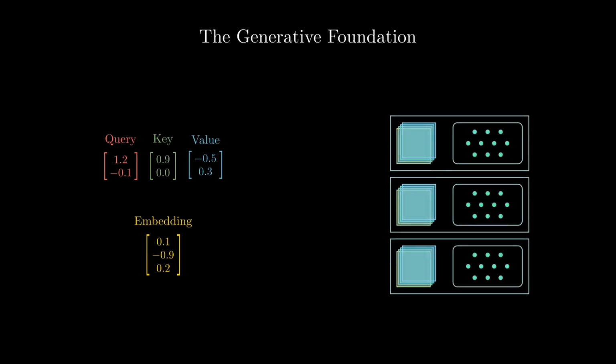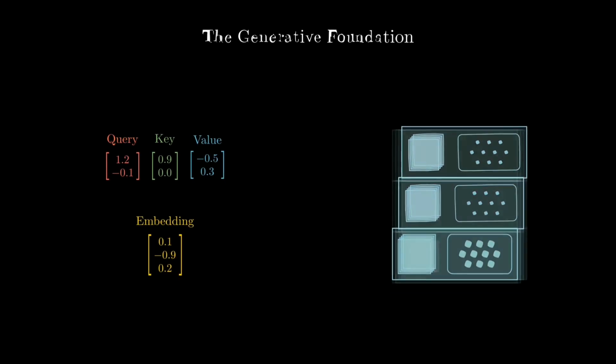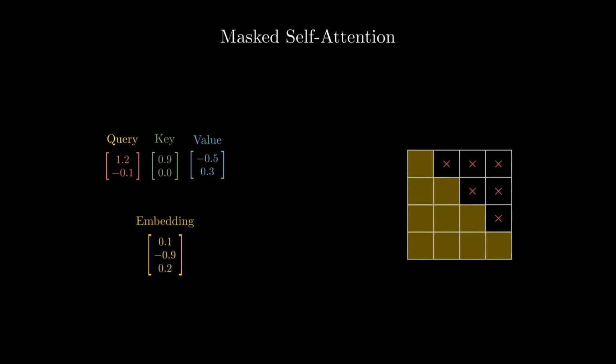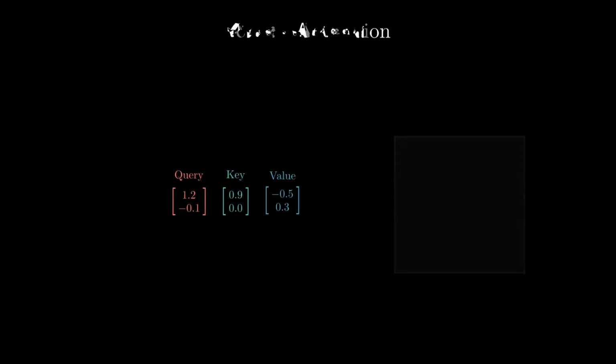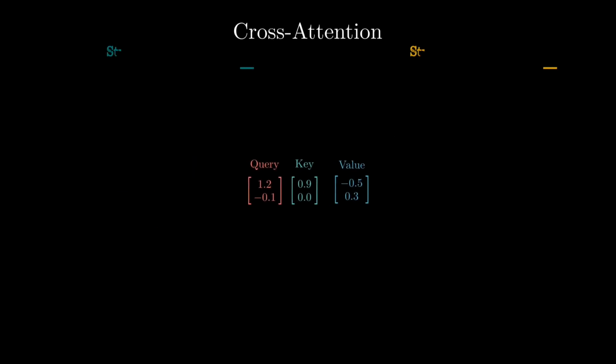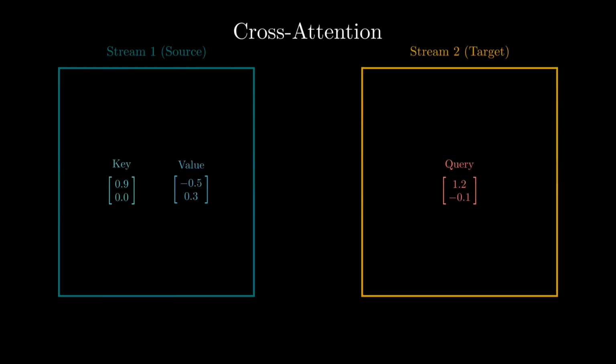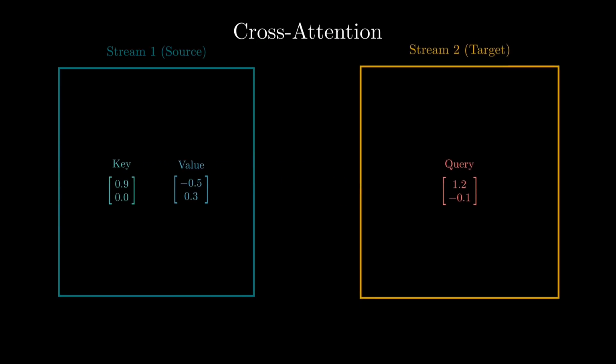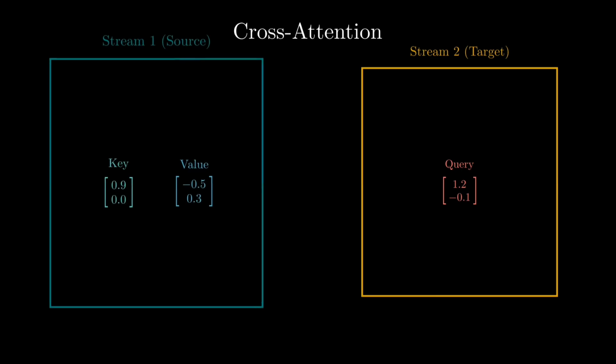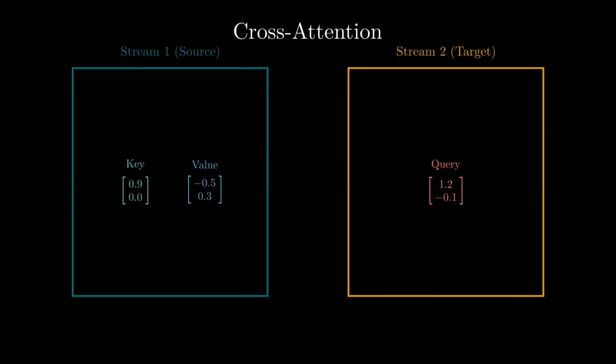Everything we've explored so far belongs to one specific form of attention called masked self-attention. There is another important variant called cross-attention. Unlike self-attention, cross-attention connects to different streams of information. The queries come from one source, while the keys and values come from another.